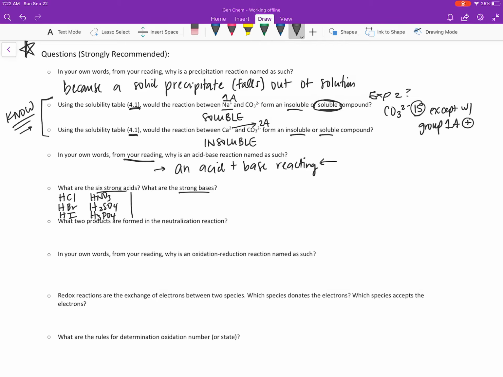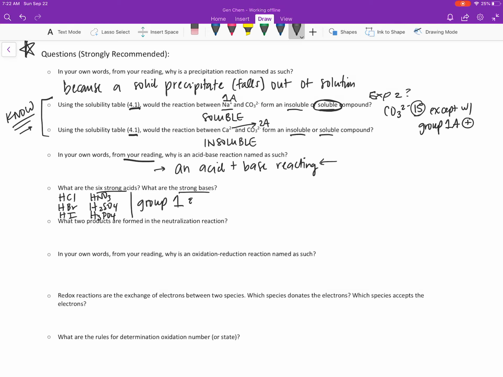Now, for the strong bases, there are different rules depending on different authors of the text. Some will specify 6 strong bases, and some leave a more generic rule. Our authors leave the rules for strong bases pretty open. We don't specify 6.